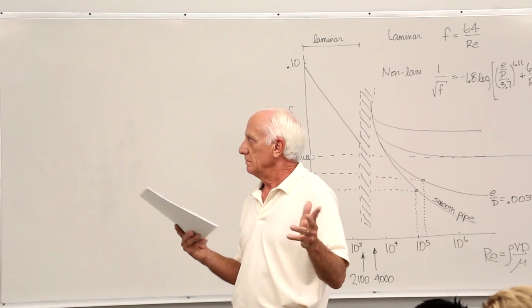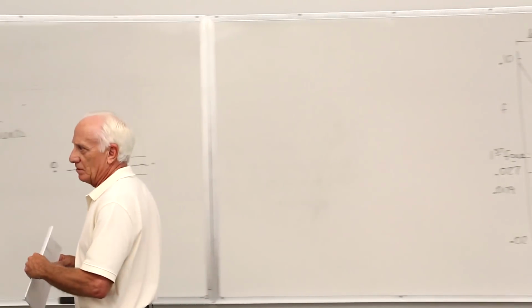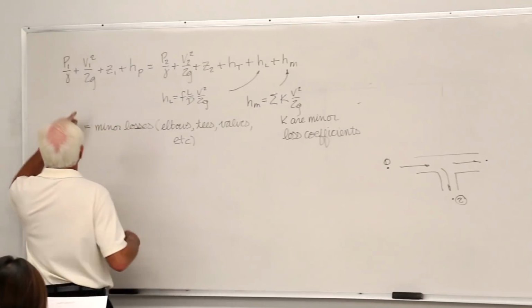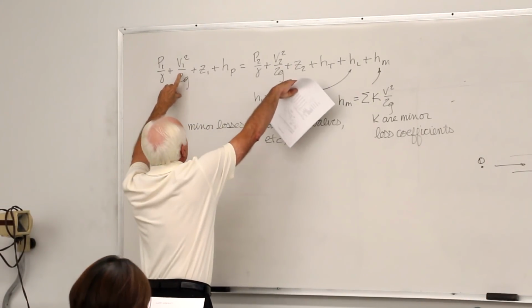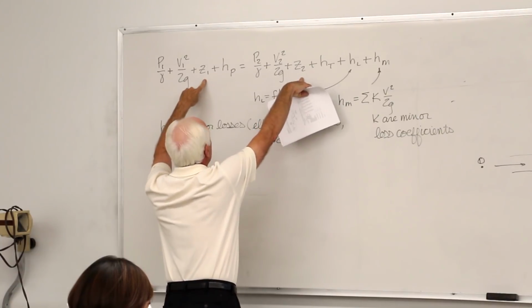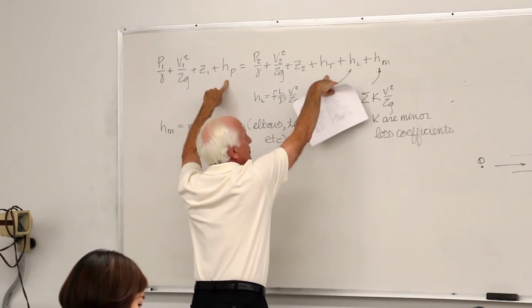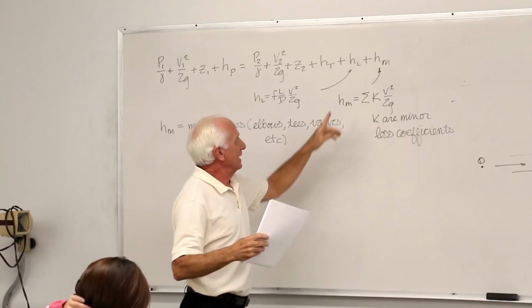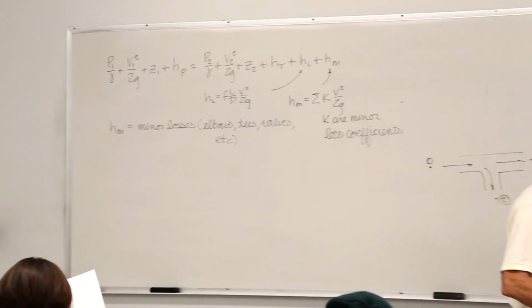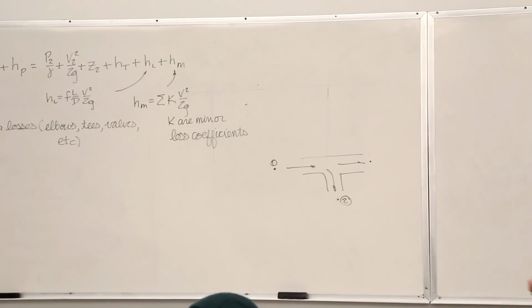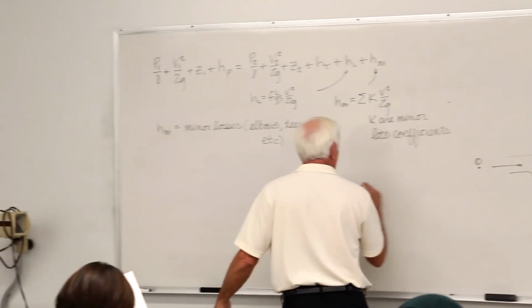What do you do? Take a piece of horizontal pipe. These two terms cancel out. These two are 0. There's no pump. There's no turbine. Account for the short piece of pipe between your two pressure taps. So if this is your two pressure taps, here's a valve.